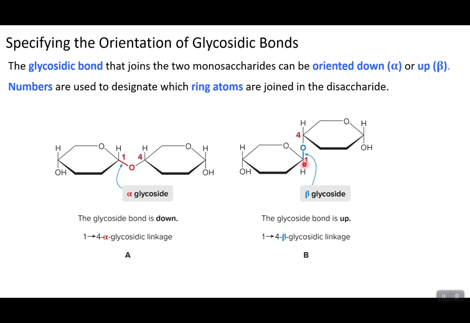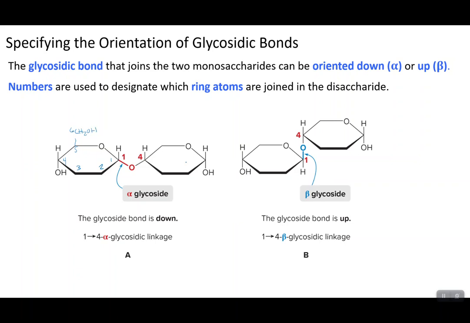So that is the first part in identifying what kind of bond you have. You have to determine whether it's alpha, pointing down, or beta, pointing up. And then you have to specify which carbons are the ones participating in this bond. So here in this first example, remember that we number the rings 1, 2, 3, 4, 5, and usually there's a CH2OH group here.